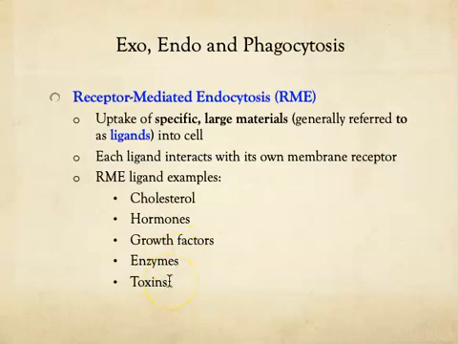Even bad things like toxic materials can come into a cell through RME. So, each of these molecules that comes into a cell through RME has its own receptor on the surface of the membrane. And it's the binding of the ligand to its receptor that's going to trigger RME to occur.